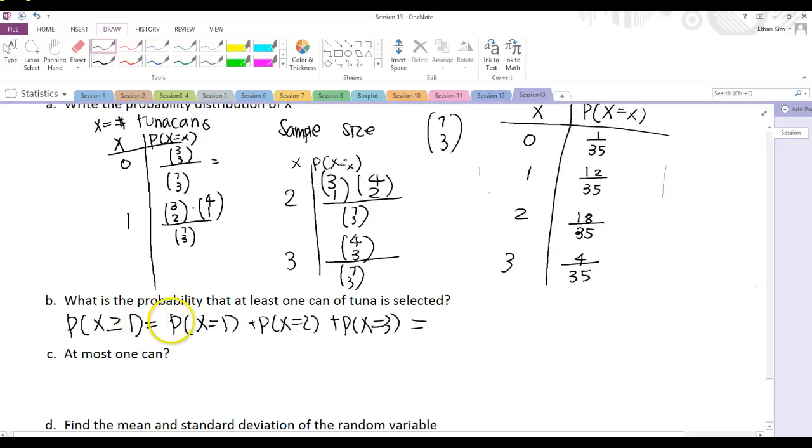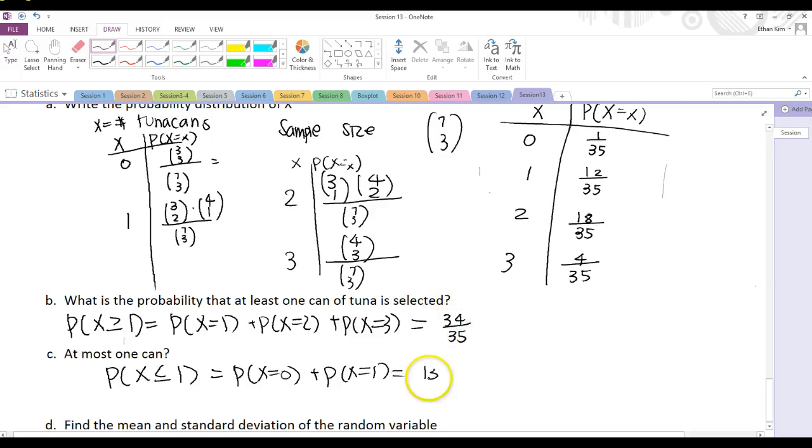And if you add them up, that's 34 out of 35. Okay? And at most one can, it's asking for less than or equal to 1. So this is the probability of x equals 0 plus x equals 1. So this is 13 out of 35.